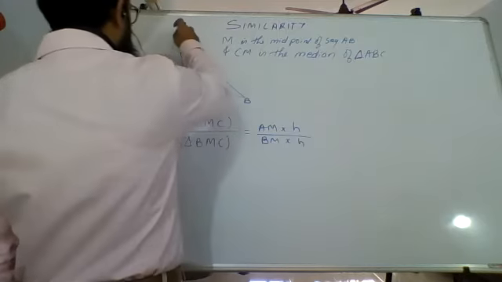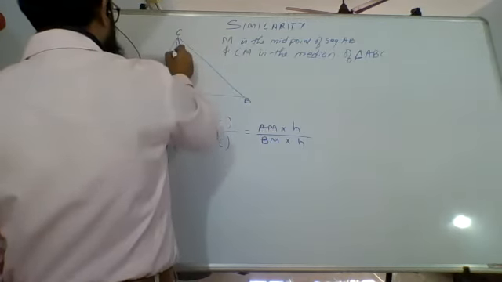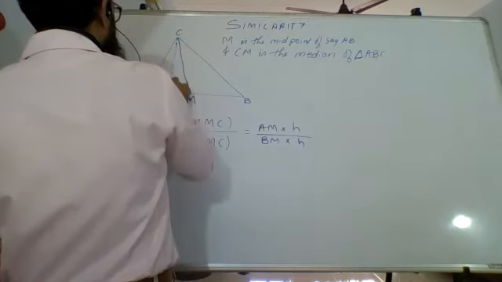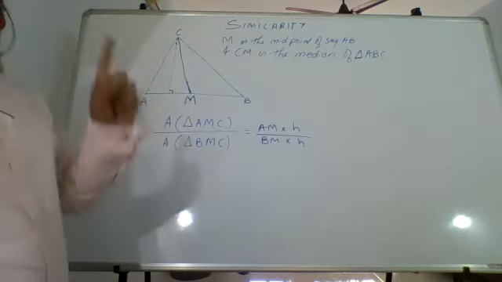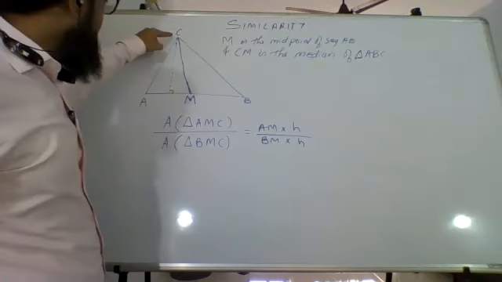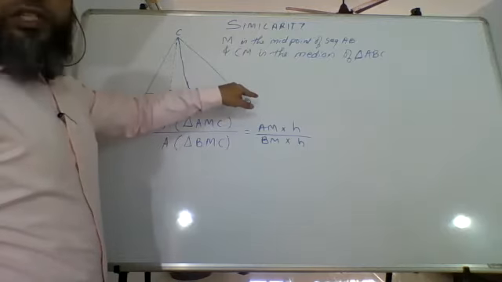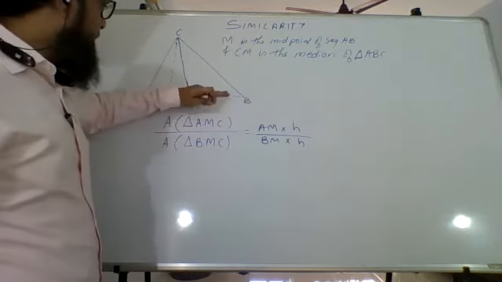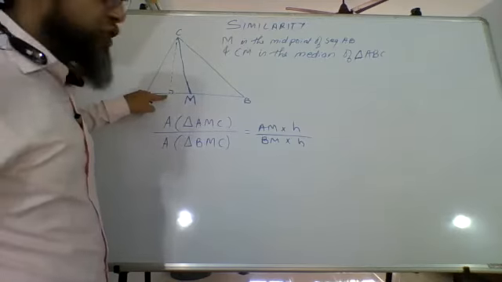Again, from this line there is going to be a common height. Whichever triangle I take, the height is going to be the same, because from a point outside a line to a line I can draw only one perpendicular. So from this point there will be only one perpendicular to this line AB. So whichever triangles are there on this line AB, from vertex C there is only going to be one H.